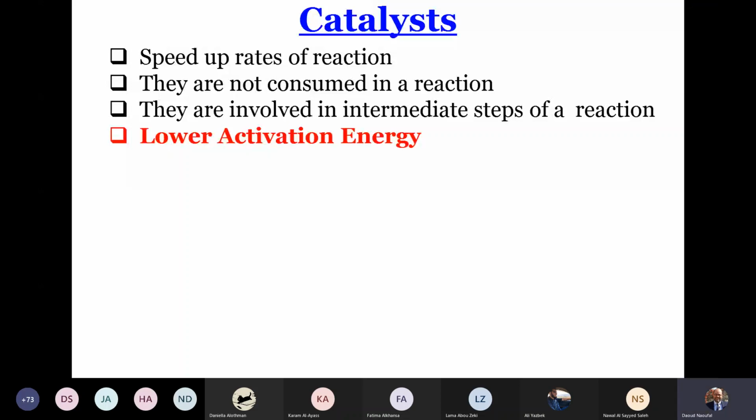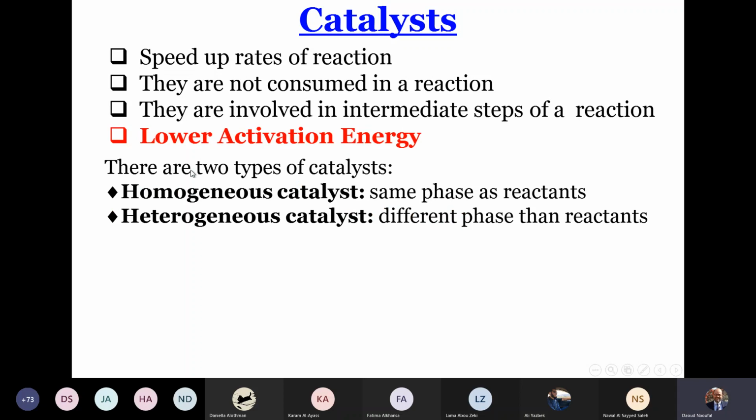So adding a catalyst will decrease the activation energy, for example, of this reaction from 35 kilojoule per mole to 20 kilojoule per mole. And therefore, the reaction will proceed. So the main important function of the catalyst is decreasing the activation energy of a certain reaction.